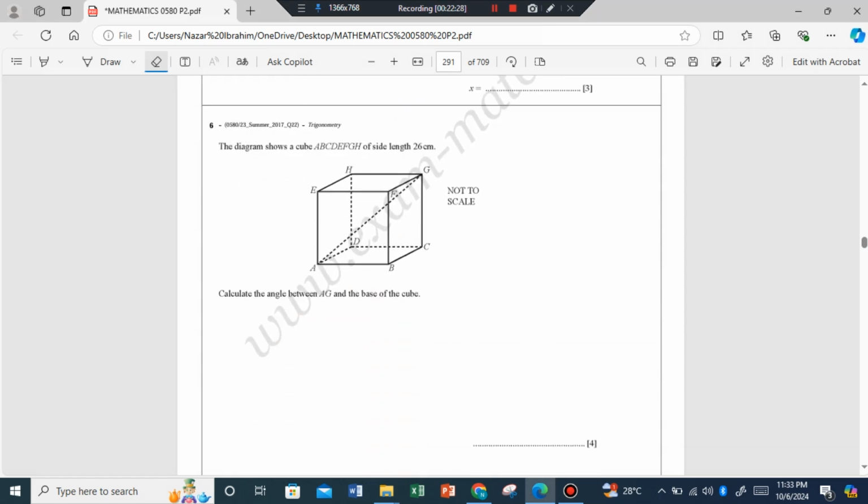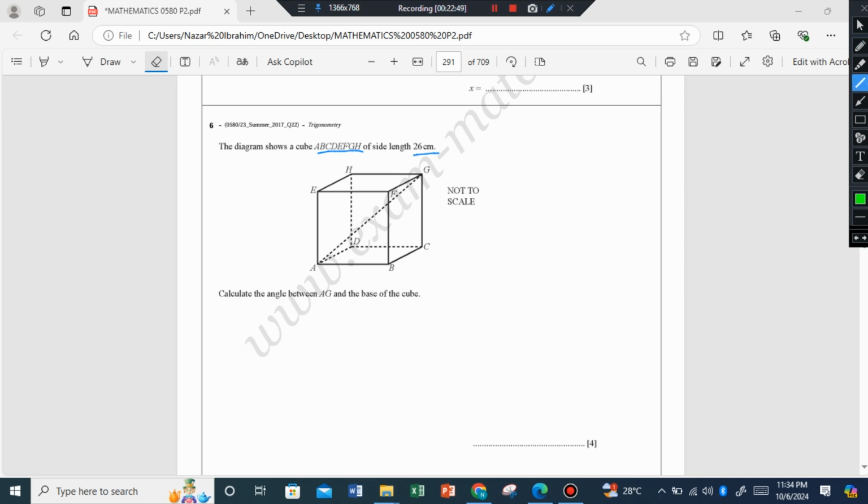Okay, question number 6. The diagram shows a cube of side length 26 centimeter. Since it's a cube, we should know that all sides of a cube are the same, right? Okay, what else? Calculate the angle between AG and the base of the cube.